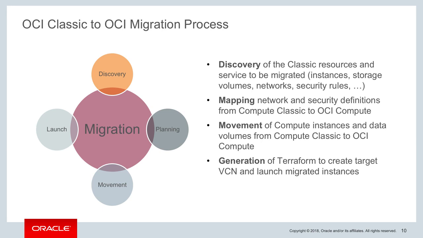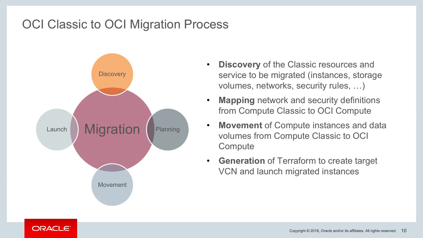And these resources can be networks, the security rules that belong to these networks, the storage volumes, the instances, etc. You will then go through a mapping exercise where you will map your OCI Classic network and security definitions to a corresponding virtual cloud network on OCI along with its corresponding subnets and security lists.